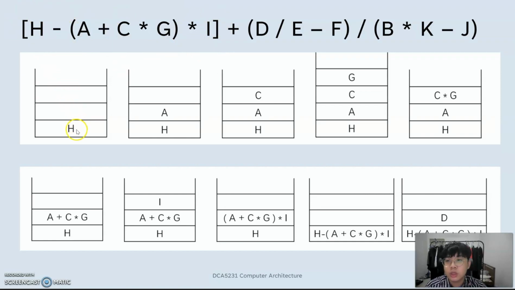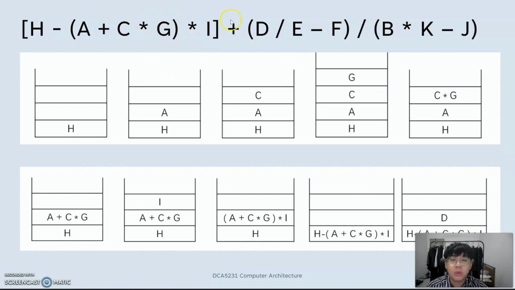We push h, push a, push c, and then push g. Then we stop at the g, because we need to do the bracket first and then the multiple and divide.